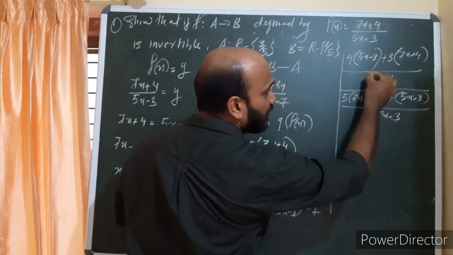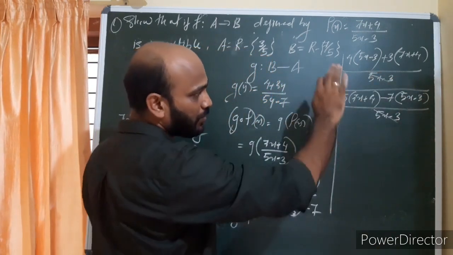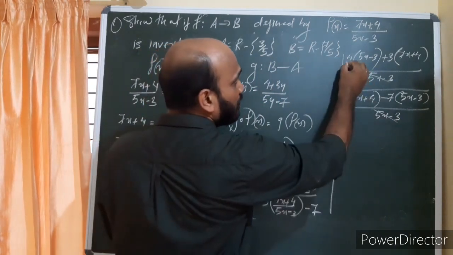So you can cancel the common denominator. The numerator you have to expand.